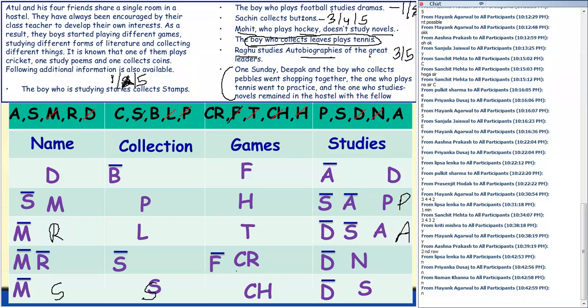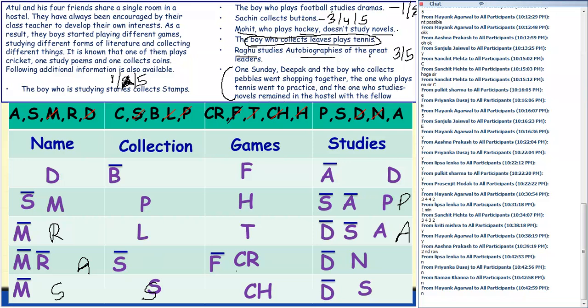S की भी पोजीशन फिक्स कर देता हूं मैं. DMRF यहाँ पे A आ जाएगा. And there is collection has been left out.